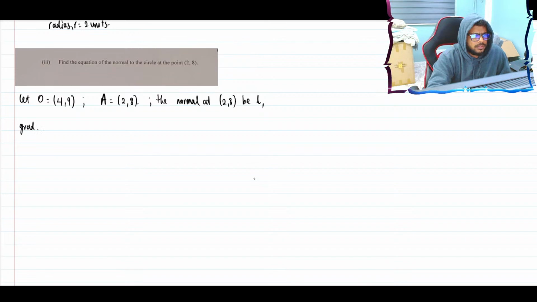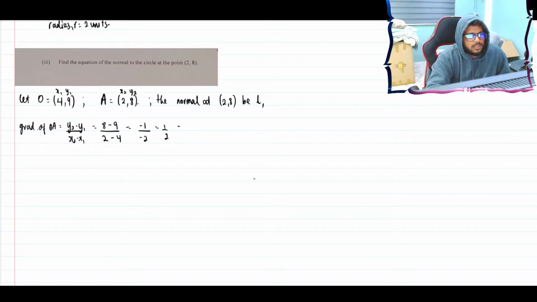The gradient of OA is y2 minus y1 over x2 minus x1, with (x1, y1) and (x2, y2). 8 minus 9 is minus 1, over 2 minus 4, which is minus 2, giving a half. And this is the gradient of L1.